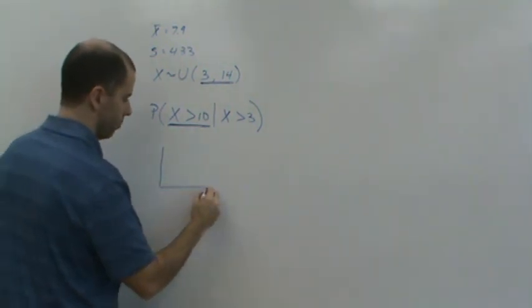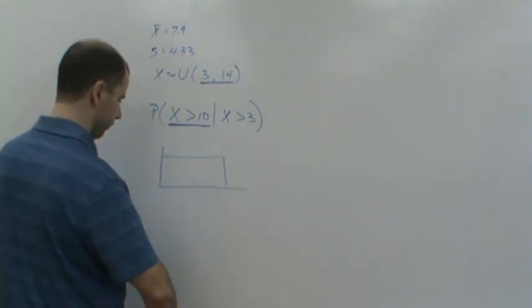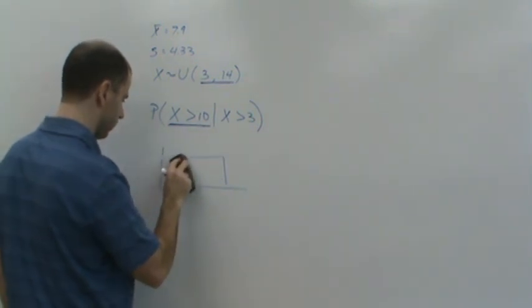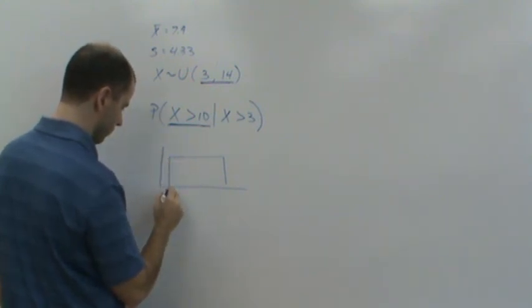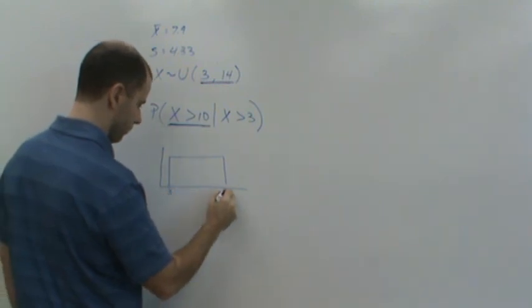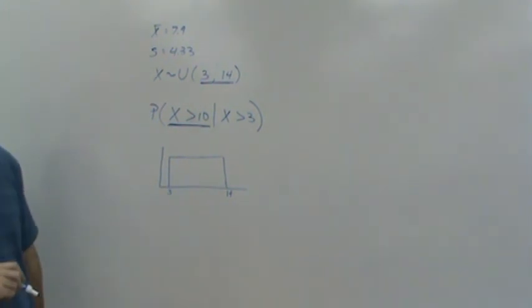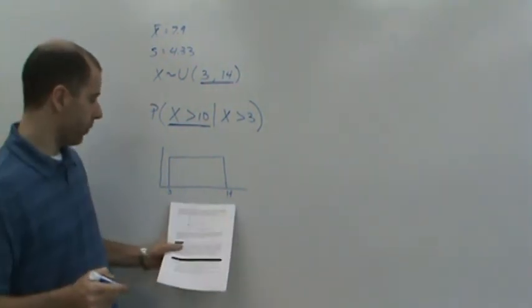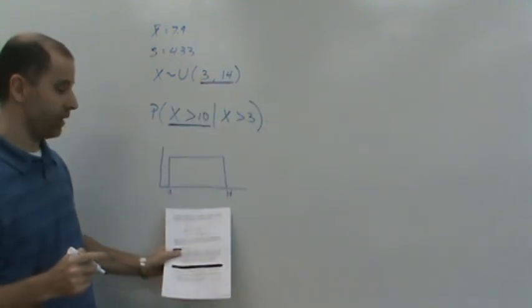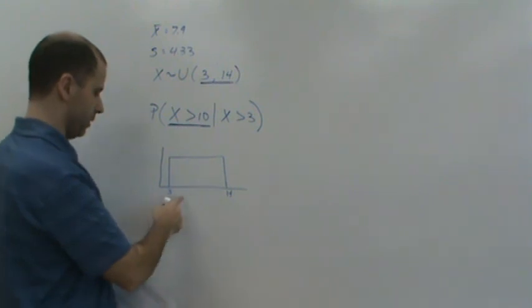So now, what happens? What's our rectangle look like now? It's going to look like that. So now what happens to the height of a rectangle? Remember, the area still has to equal 1. Well, what's the new base?